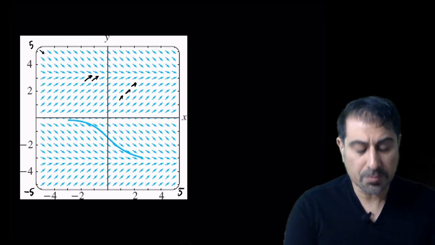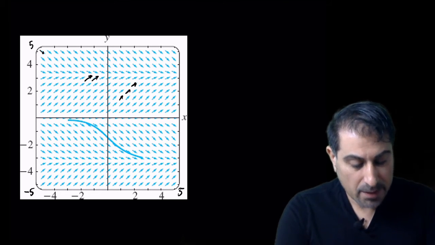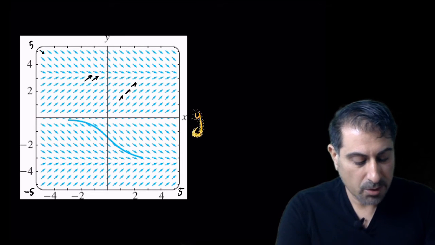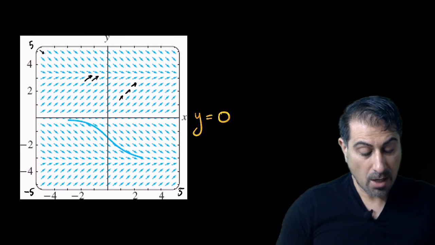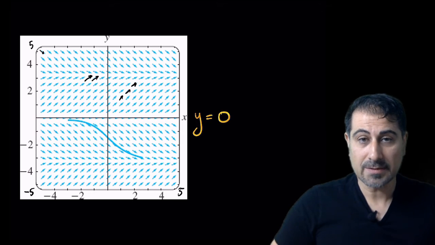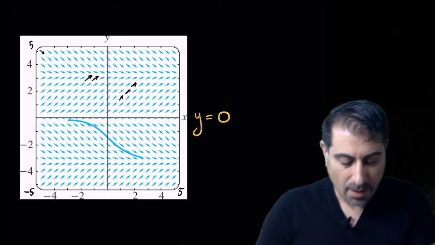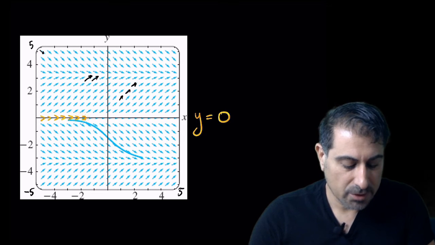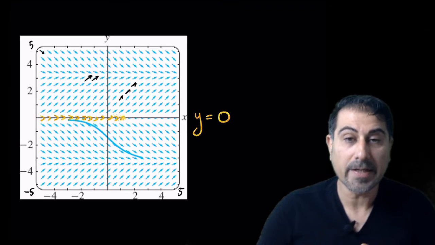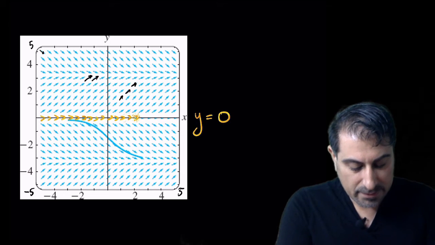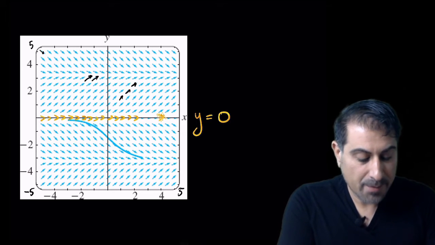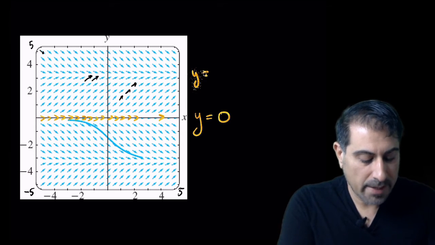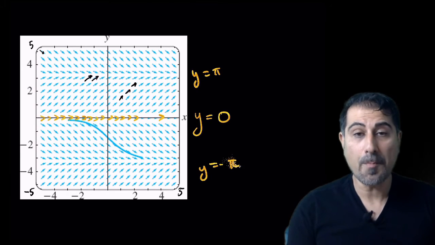And we can simply observe that when y equals 0, we do have dy over dx exactly equal to 0. As you see, we have all horizontal tangent lines going in this direction. And the same thing happens at y equals pi, y equals negative pi.